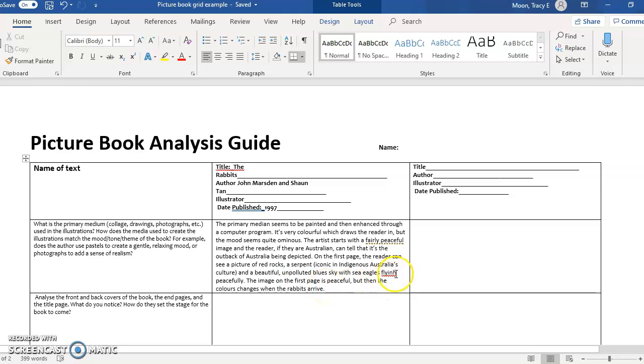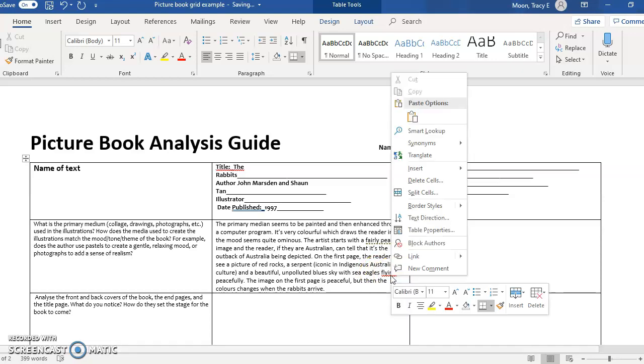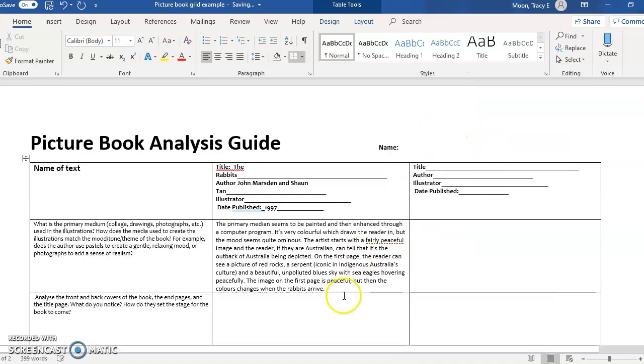See how it goes flying. No, what's wrong with that? Okay, hovering.